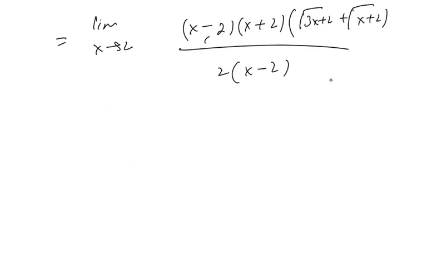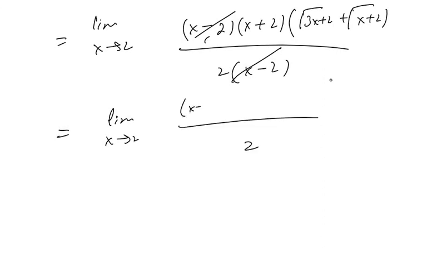Now you can see that these are the same terms. These can cancel with each other, and now you are in a position to substitute the limit, because you are only having 2 in the denominator, and on the numerator 3x plus 2 plus x plus 2. Okay, it was x plus 2.